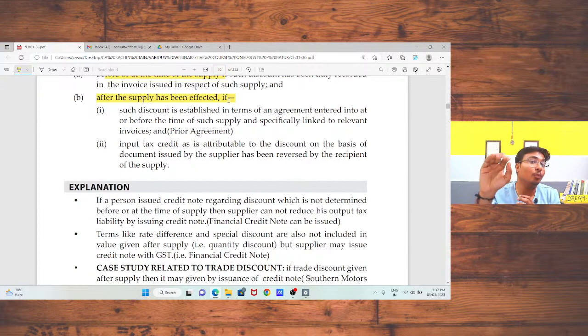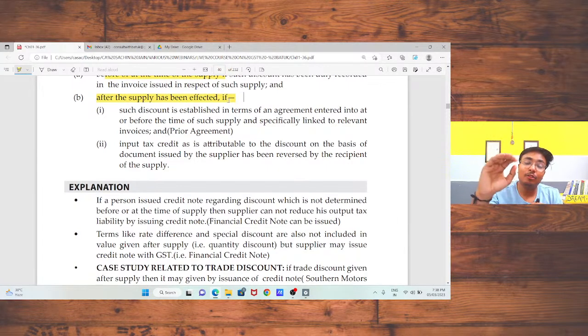In that case I need to provide the discount of 5%. The terms were decided prior, but I have not provided the discount at the time of the first supply, second supply, third supply. At the end of 6 months I am going to provide that discount. So the terms were already decided at the time of supply.